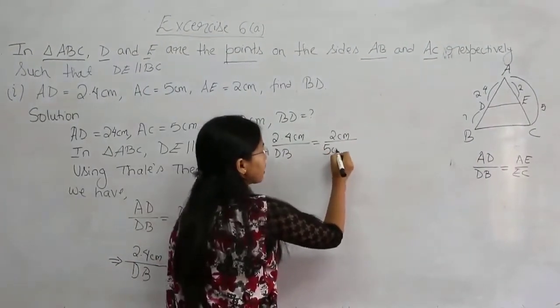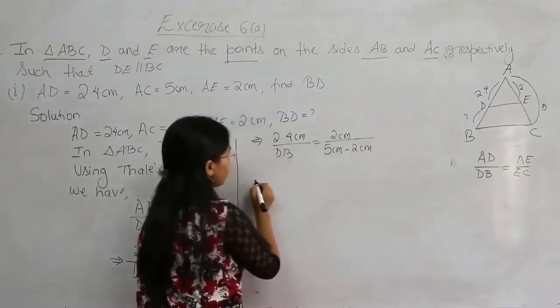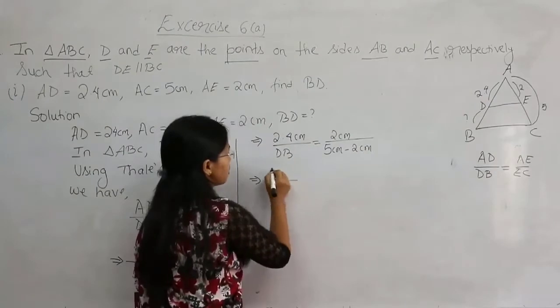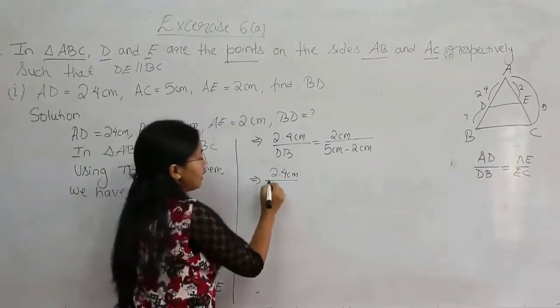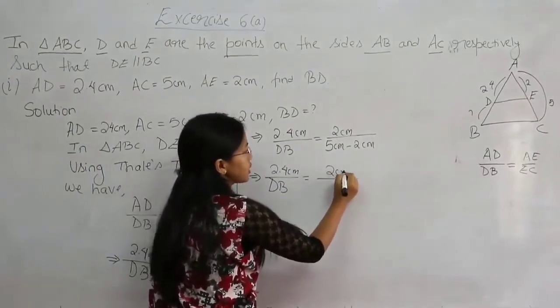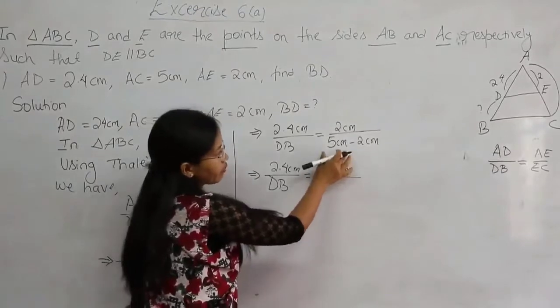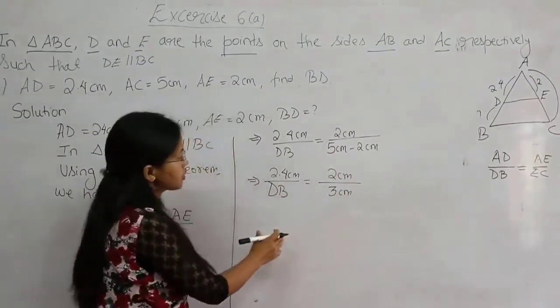So we replace it by 5 centimeter minus 2 centimeter. Then DB is equal to, this is 2 centimeter, and 5 minus 2 we get 3 centimeter. So what will we do here?